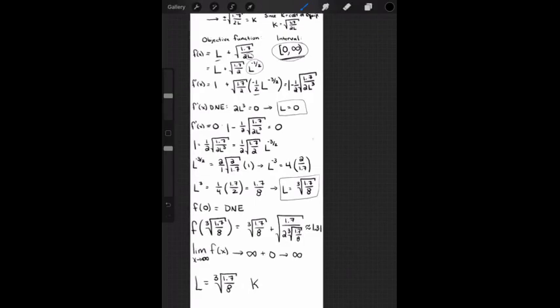Again, it's probably hard to see, but I'm using this formula we found up here. Getting that ever so lovely number.